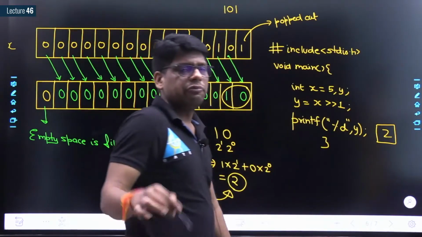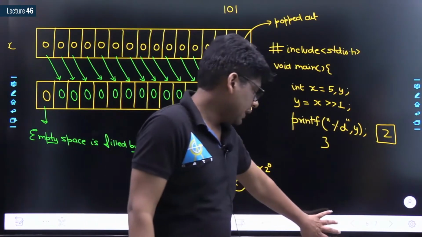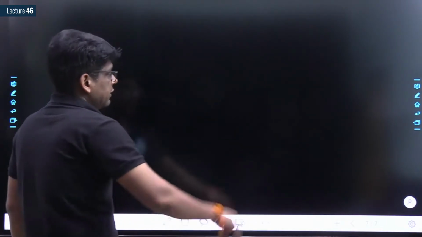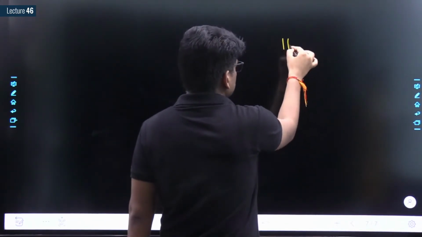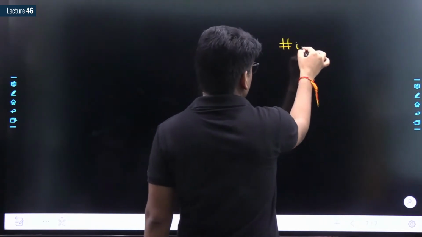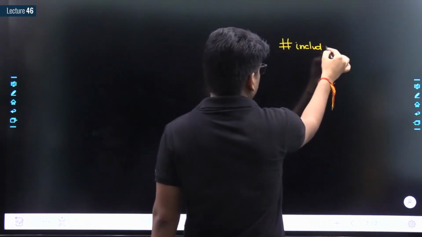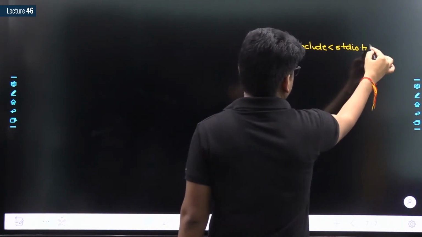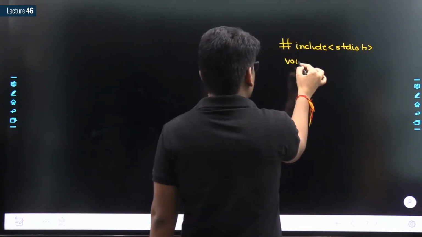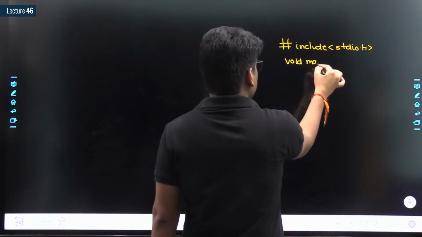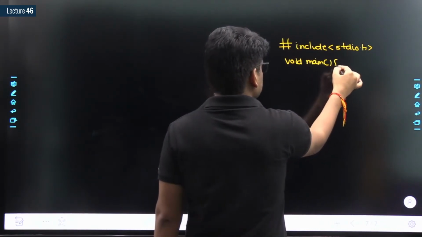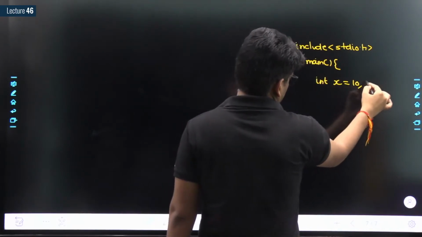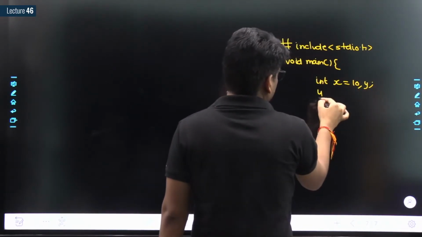Let us solve a few more questions so that you have a clear idea about what is going on. #include <stdio.h>, void main, int x is equal to 10, y.